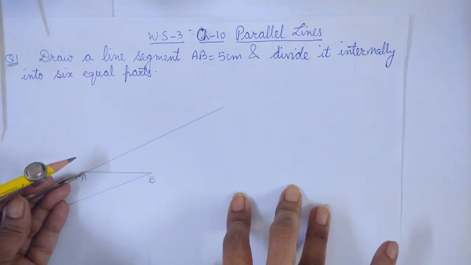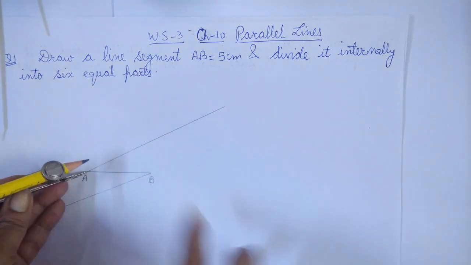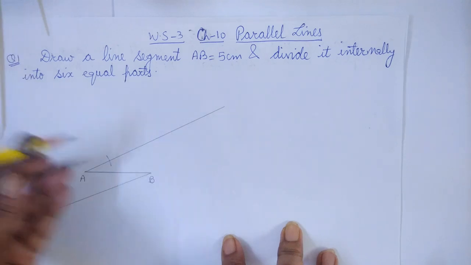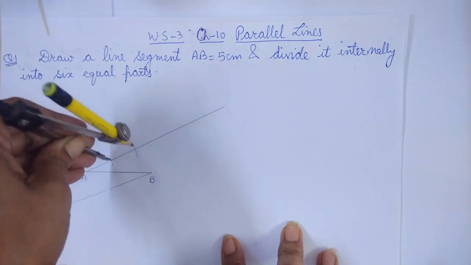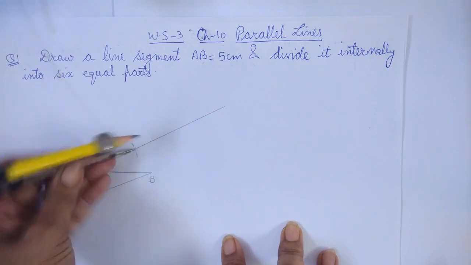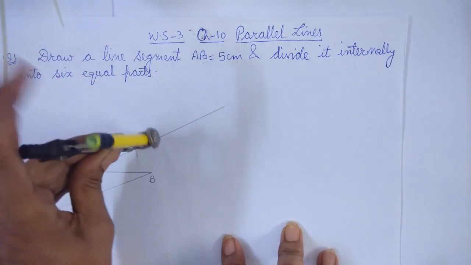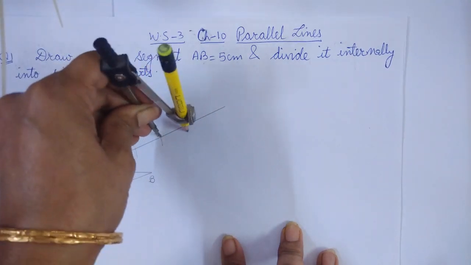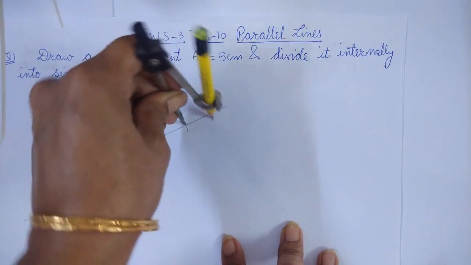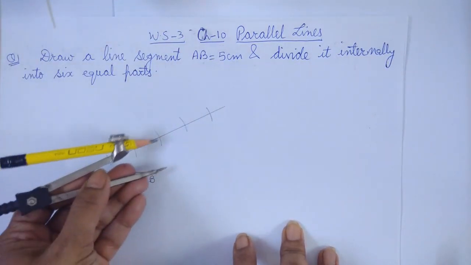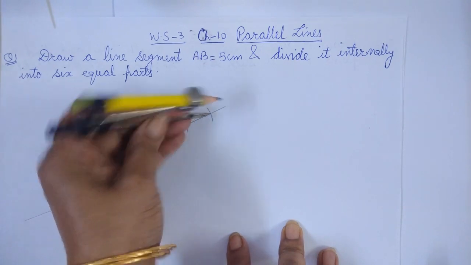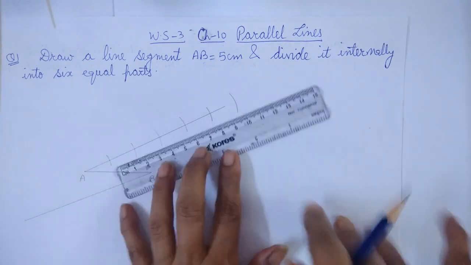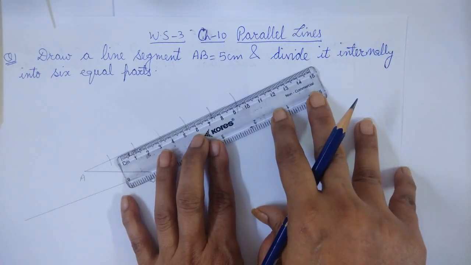From point A, whatever be the equal parts you have to take, that division you will make from point A. Keep the compass like this and draw 6 equal parts according to the question. 1, 2, 3, 4, 5 and one more, 6.